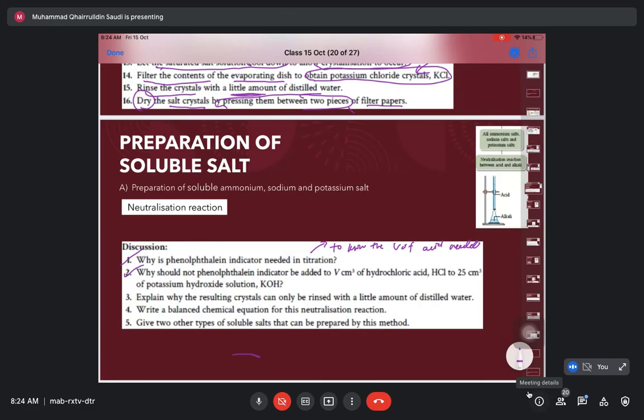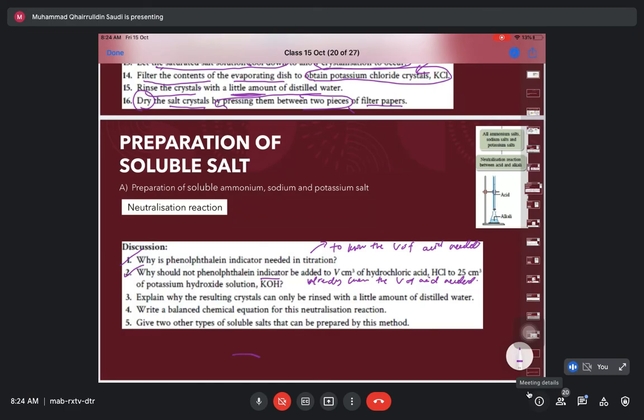Then we did not use it in the second titration because we already knew the volume of acid needed, and we do not want the phenolphthalein to mix with the salt we want to prepare.